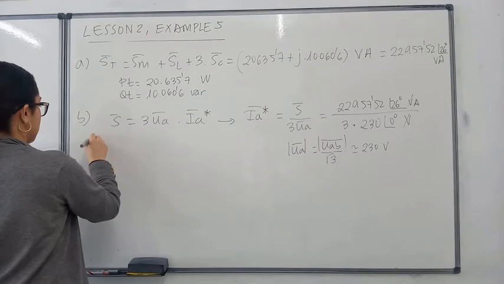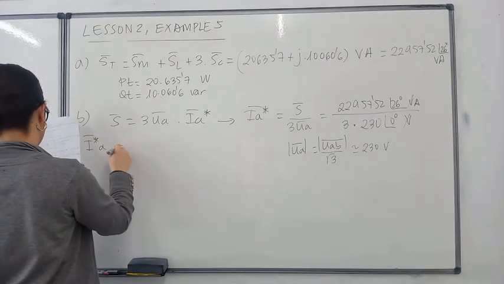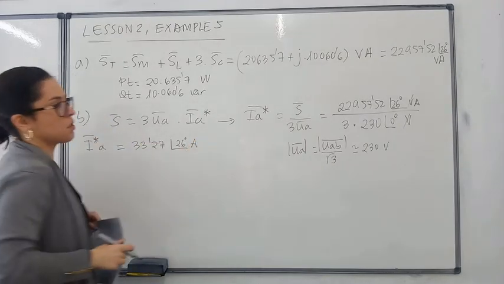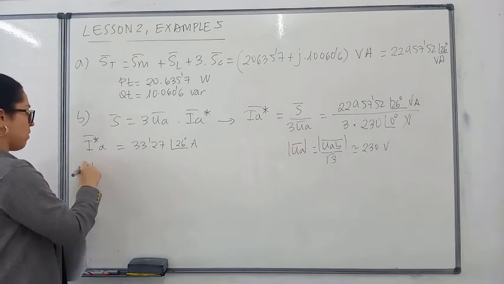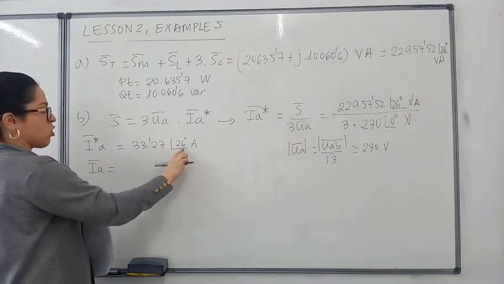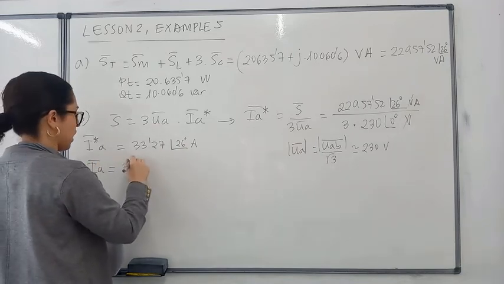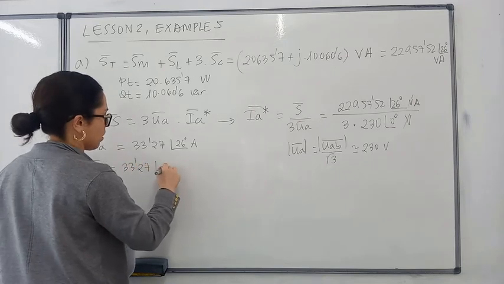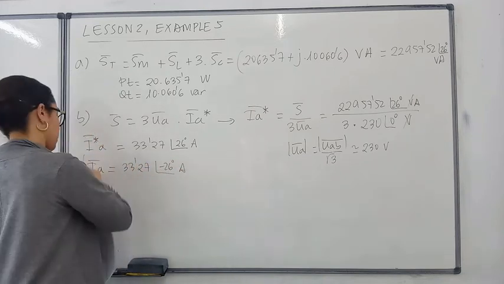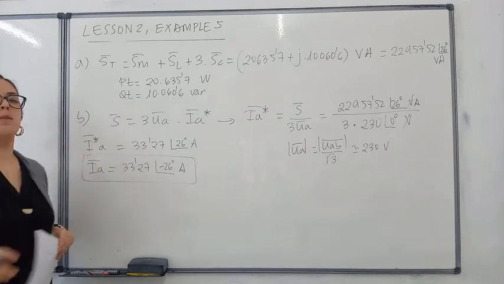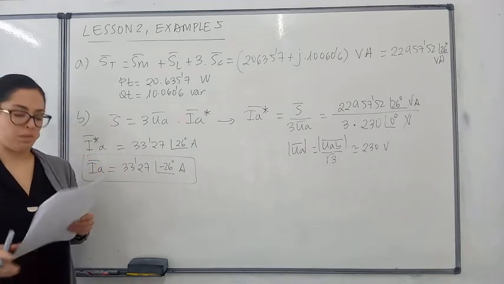The conjugate of the line current is this one. So for the line current, we need to change the sign of the angle to minus, and we get this current in the line conductor.